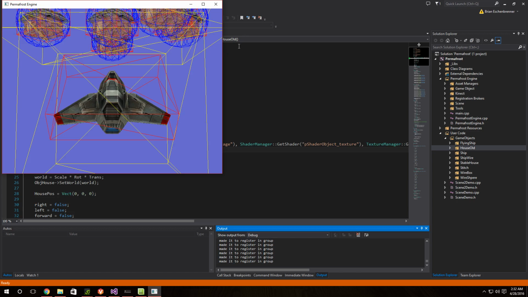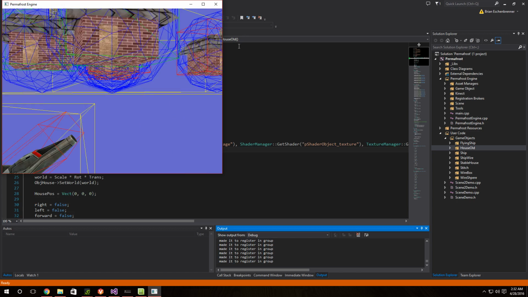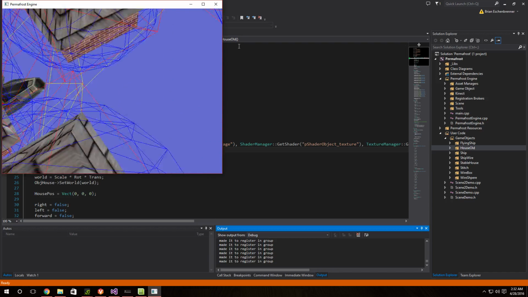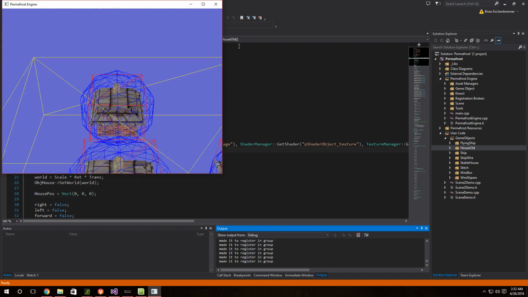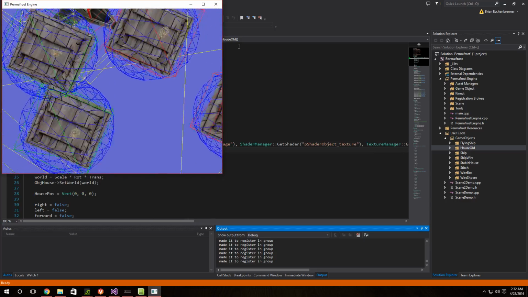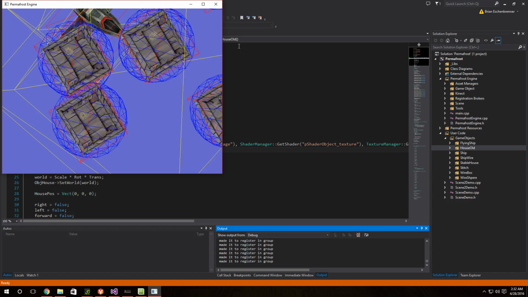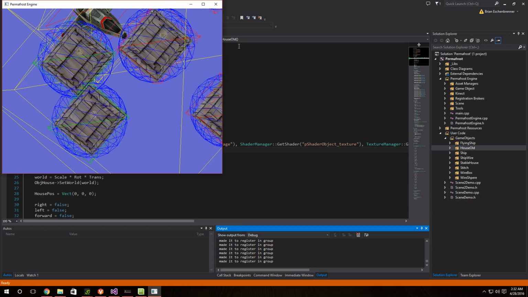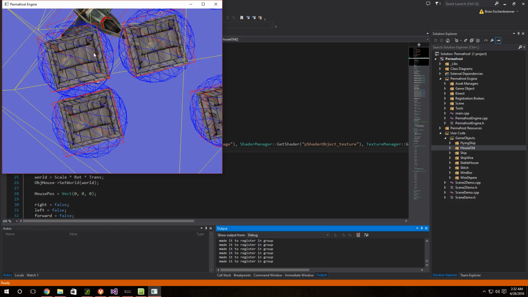Also in here, I've got my self-collision. So as you can see, there's the two that are colliding with themselves, and then the other two that are close. If those are ABBs, they overlap, which is why I put those there.